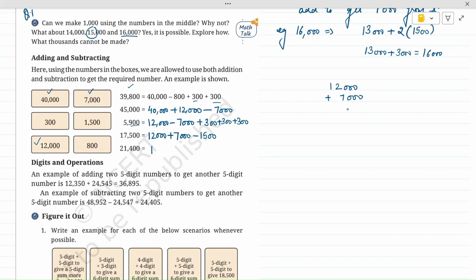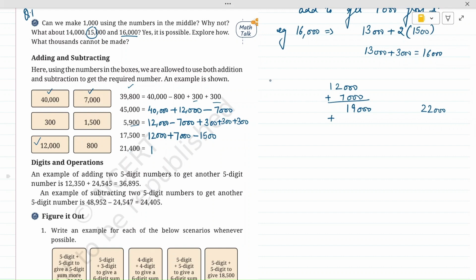Okay. So what I have got here, I have got 19,000 first. Now this 19,000 is somewhere near to this number. So let us try to add this 1500 also to this. So kids, if I add 3,000 to 19,000, it will give me 22,000. Okay. And then we can use this 22,000 to get the nearest, the number 21,400.